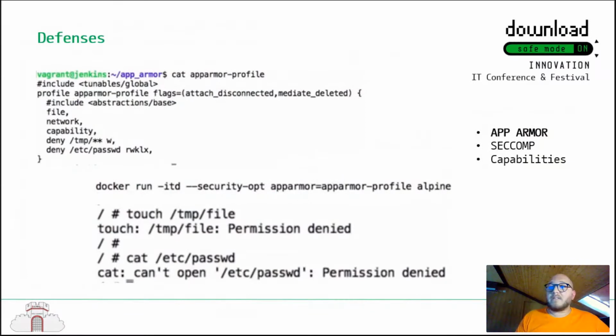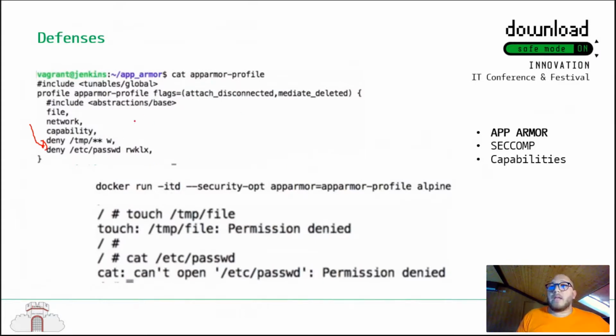Now we're going to see the defenses. We have three defenses that we can use, besides all the things that we said. We have AppArmor, which is software that gives us, let's say, a whitelist or blacklist of the commands or permissions that the user can have in the container.